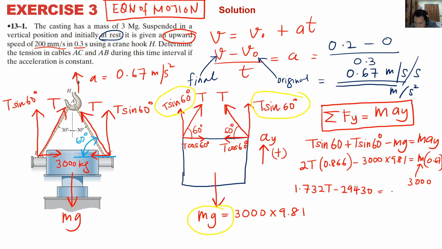This one equals 3000 times 0.67. Let me recalculate, 3000 times 0.67 is 2010. Plus 29430. So what is this? 1.732T.